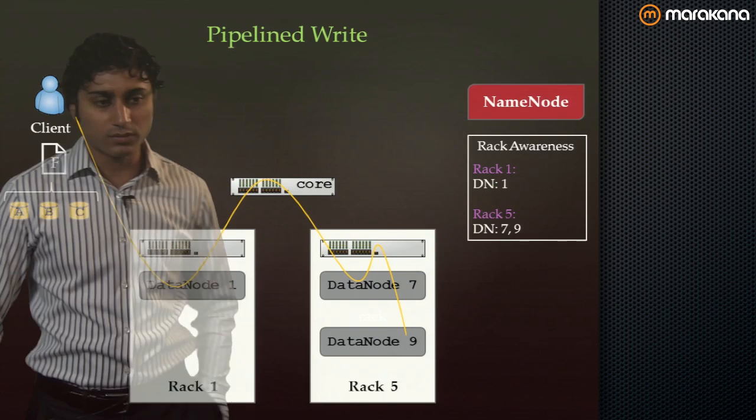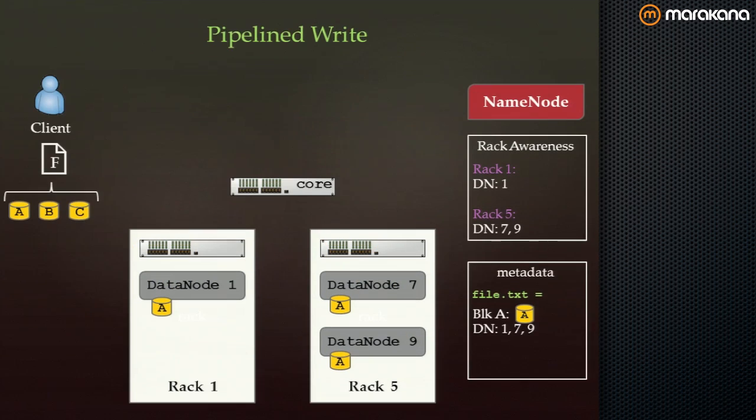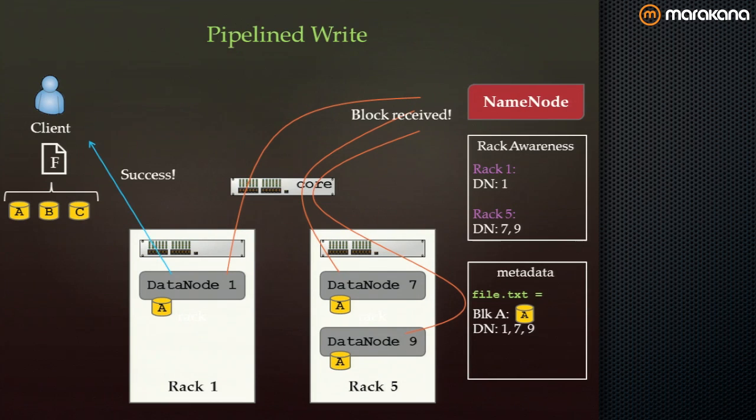So the client will send block A down to data node 1, which will then forward it to data node 7, which will then forward it down to data node 9. And then each one of the data nodes will let the NameNode know that they received the block successfully, and the first data node will let the client know that they all received that block successfully.